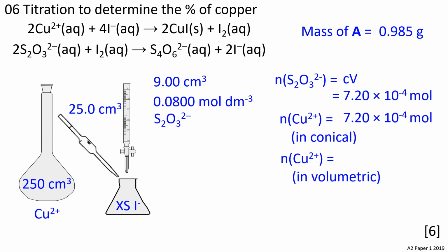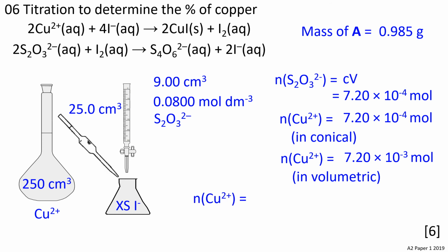That is equivalent to the amount of copper 2+ ions that were present in the conical flask at the beginning of the reaction. Because the conical flask contained 25 centimeters cubed, and we started off with 250 centimeters cubed, we can find the amount of copper 2+ ions in the original volumetric flask by multiplying by 10.